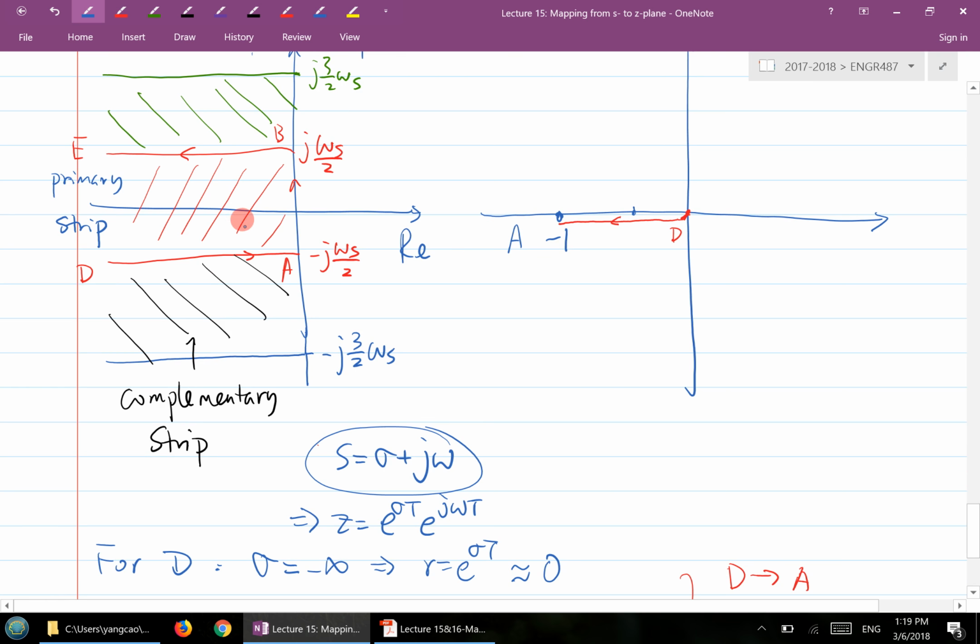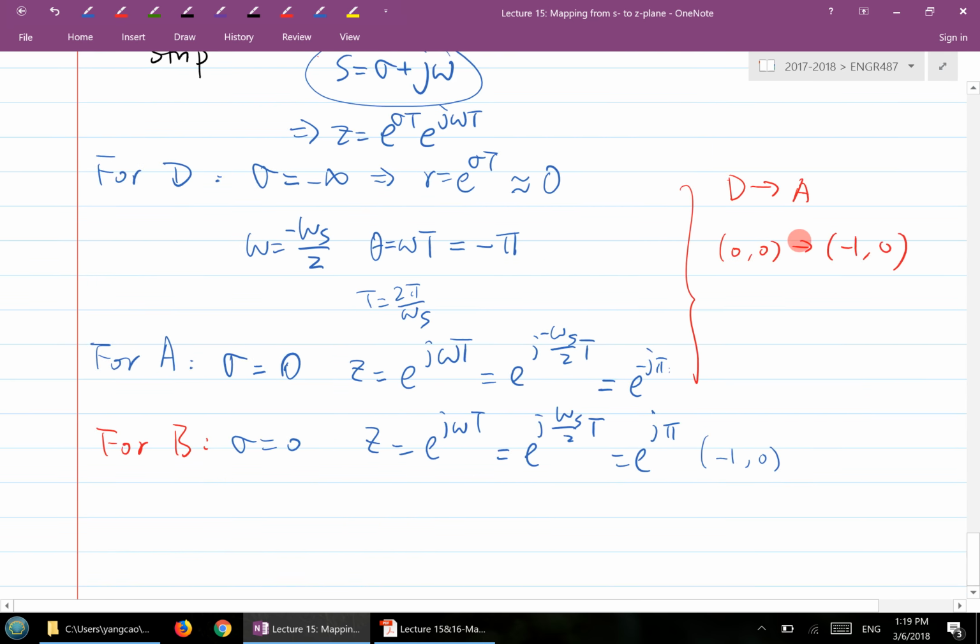So as you're moving from A to B, also try to imagine other scenarios. Let's say you have a point somewhere here, and you're moving from here to here, or from here to here, instead of just purely moving along the imaginary axis. Because currently I restrict sigma to be all 0 here.